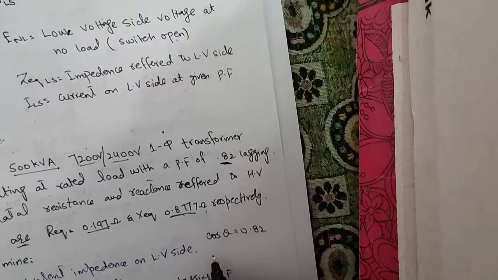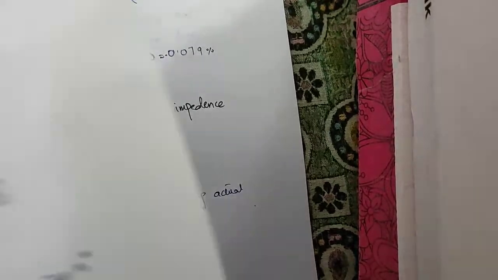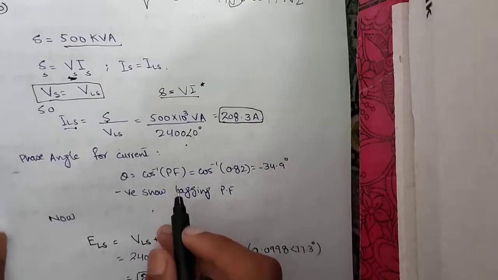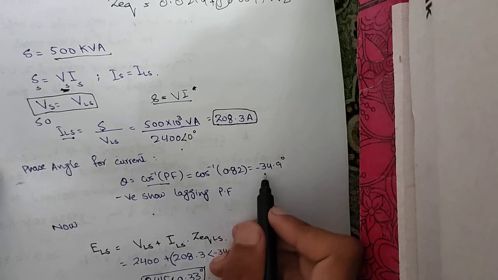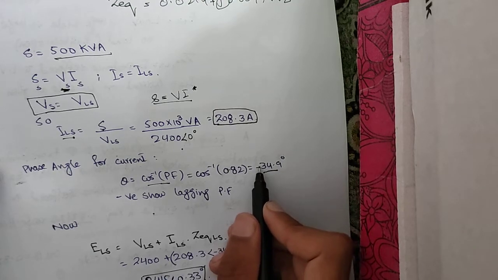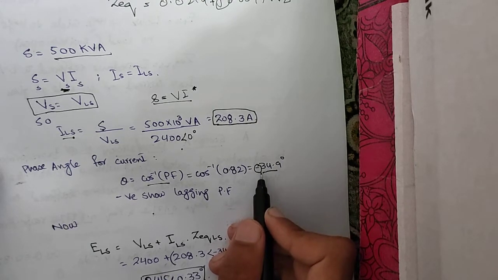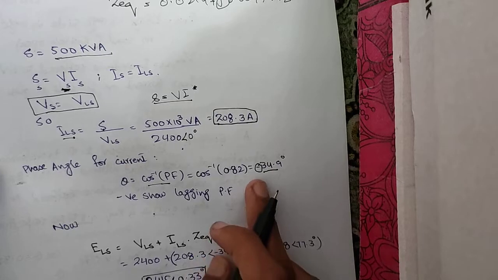For finding the phase angle, I can write theta is equal to cos inverse of power factor 0.82, which is minus 34.9. The minus here shows that you have been given a lagging power factor.